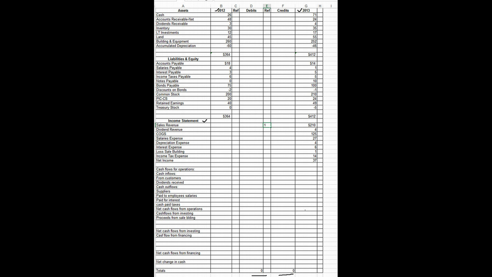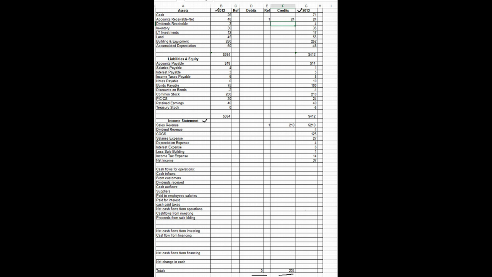Sales revenue would have a credit balance, so I'll enter a credit on my worksheet of 210. The account that changes with sales revenue on the balance sheet is, of course, accounts receivable. Our accounts receivable went from 48 to 24. It decreased by $24, so I'm going to enter a credit of $24.